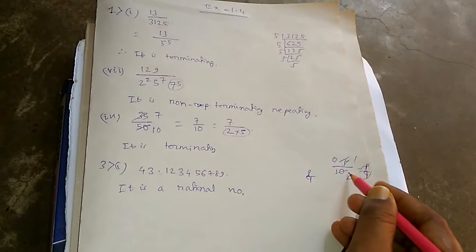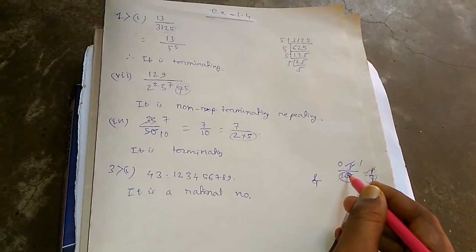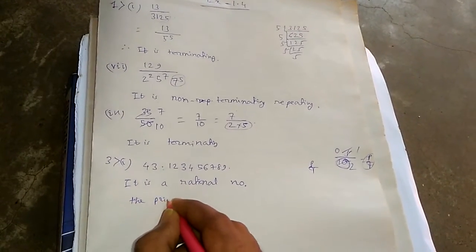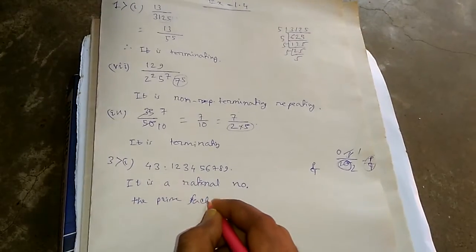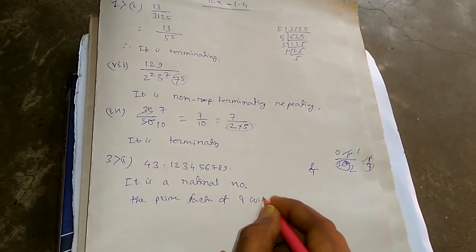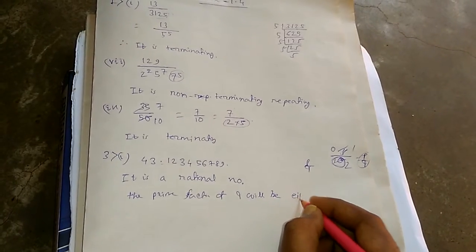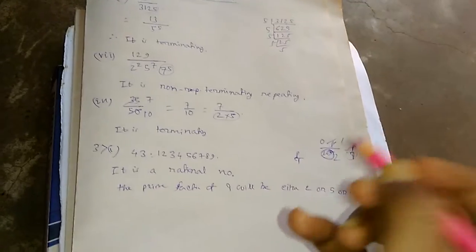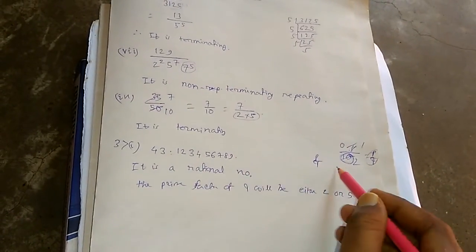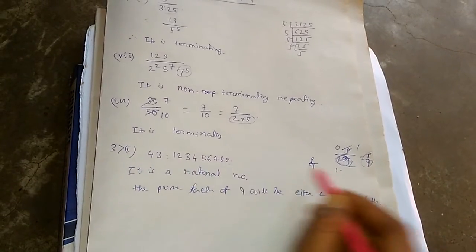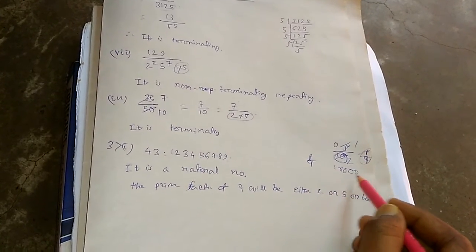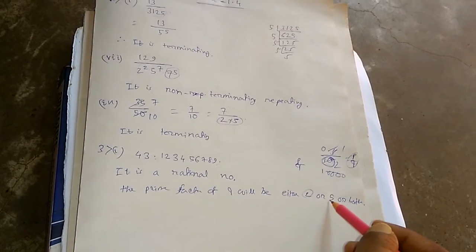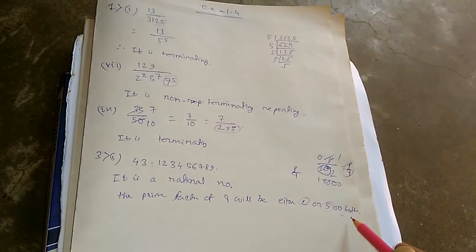Here after omitting the decimal point we will get 10, so the prime factor of q will be either 2 or 5 or both are possible, because when you omit this point you will get 1 followed by some zeros, and it is divisible by 2 or it is divisible by 5, so you can get 2, 5 or even both, that means 10 also.